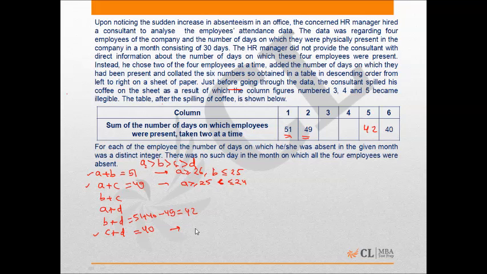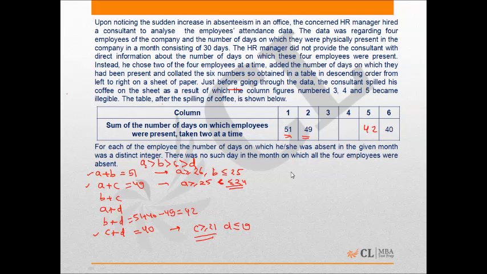From C plus D is 40, we can be sure that C has to be more than or equal to 21 and D has to be less than or equal to 19. Now see this, C has to be more than or equal to 21 and less than or equal to 24. So I'll have only 4 possibilities for C: 21, 22, 23, 24, right?